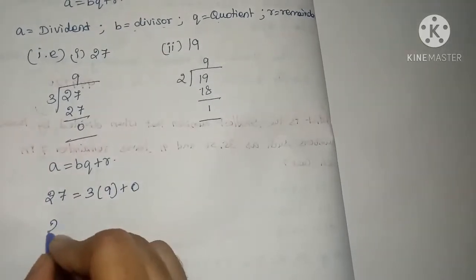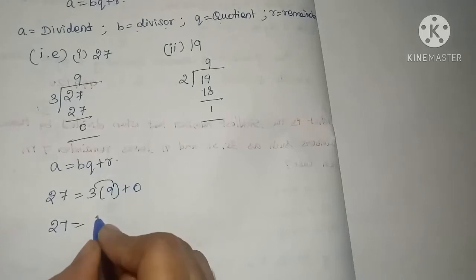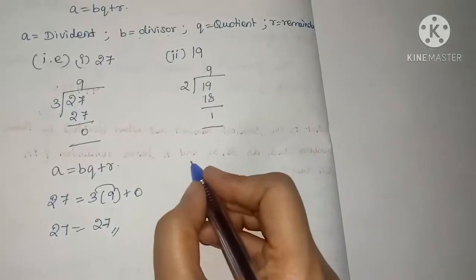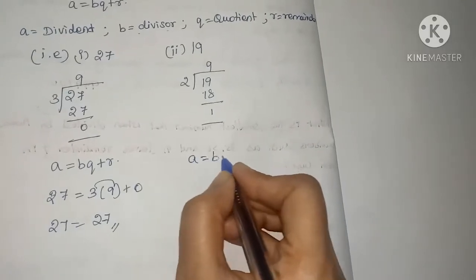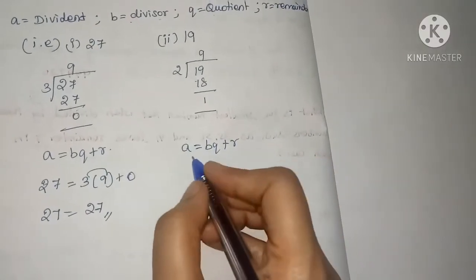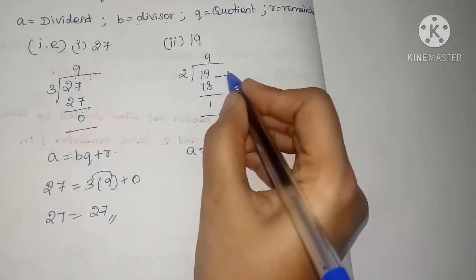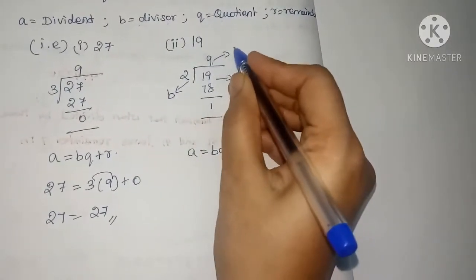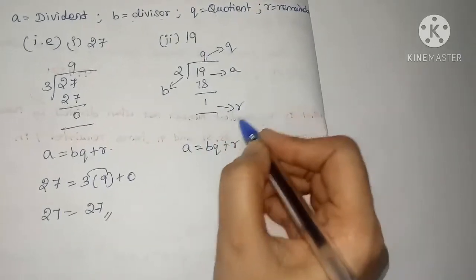So write 27 is equal to 3 9s are 27. Next, in our second question, using Euclid's division algorithm, a is our dividend, b is your divisor, q is your quotient and r is your remainder.